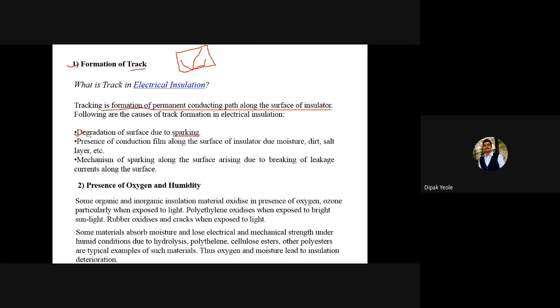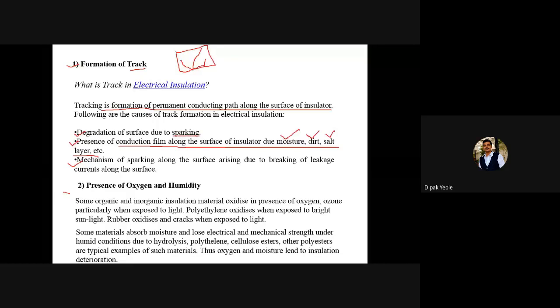The second cause is the presence of a conducting film along the surface of the insulator due to moisture, dirt, salt layer, etc. सो हे 3 गोष्टी आहेत की त्या सुद्धा ह्या ट्रॅक फॉर्मेशनला मदत करतात. मेकॅनिझम ऑफ स्पार्किंग अलॉंग द सरफेस अरायझिंग ड्यू टू ब्रेकिंग ऑफ लिकेज करंट्स अलॉंग द सरफेस. So this is the first cause of insulation deterioration, formation of track.